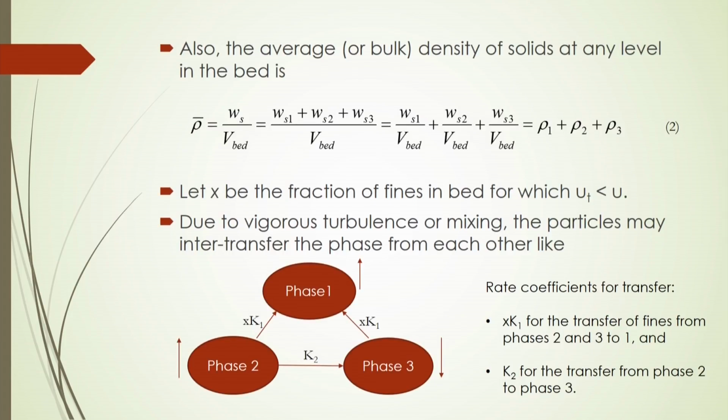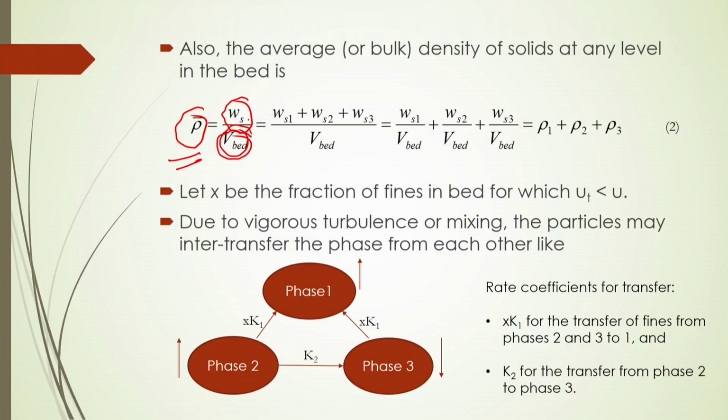Now, what is the average or bulk density of the solids at any level in the bed? That is represented by rho bar. Rho bar is defined as the mass of the solids divided by the volume of the bed, the average bulk density of the solids in the bed at any level.